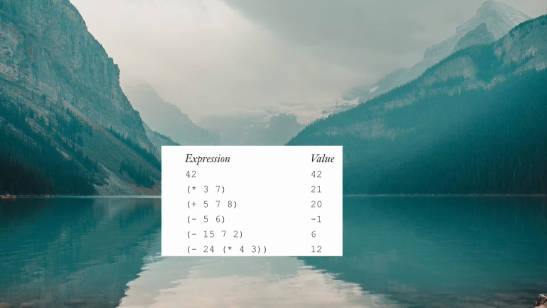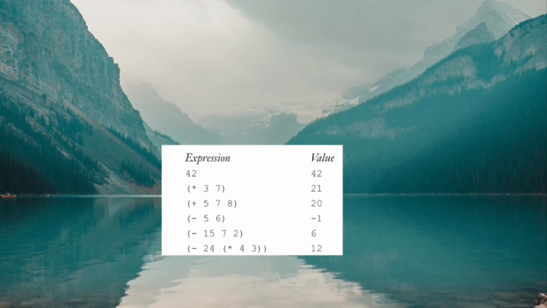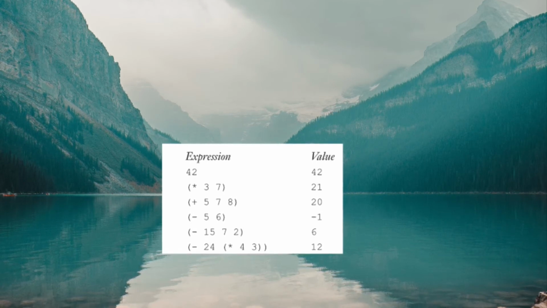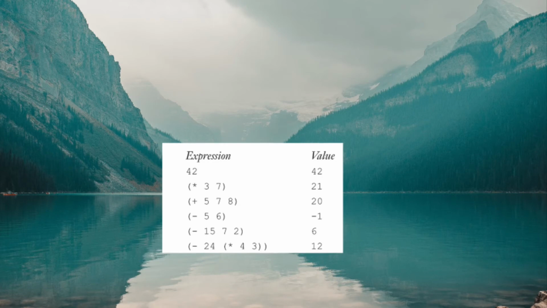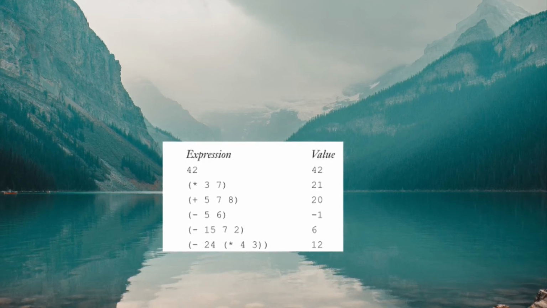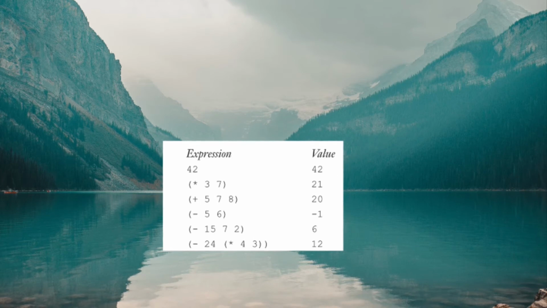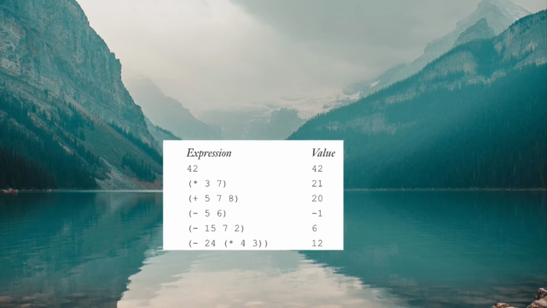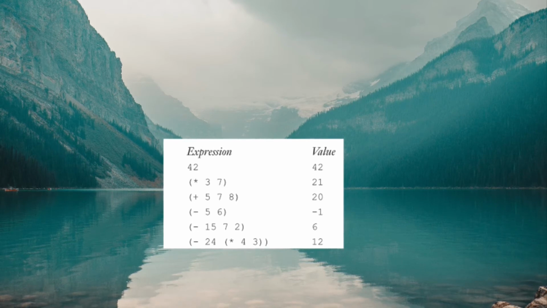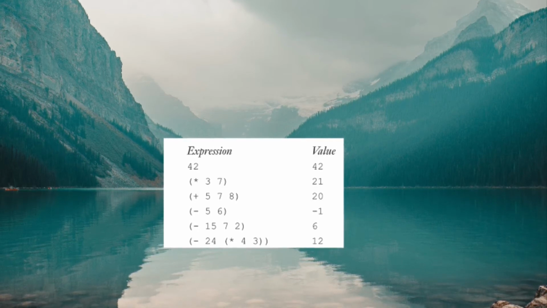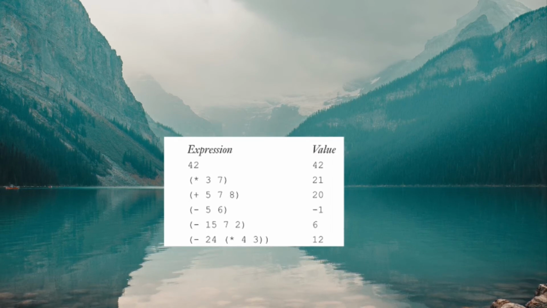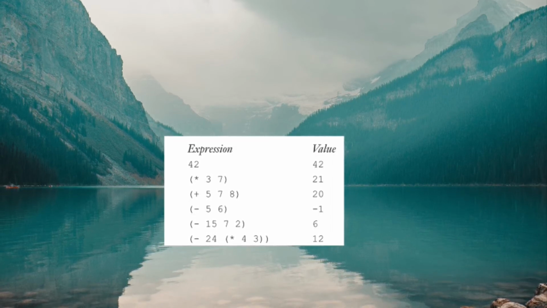Expression 42, value 42. Then there is (* 3 7), value 21. Expression (+ 5 7 8), 20. The next expression is (- 5 6), equals -1.